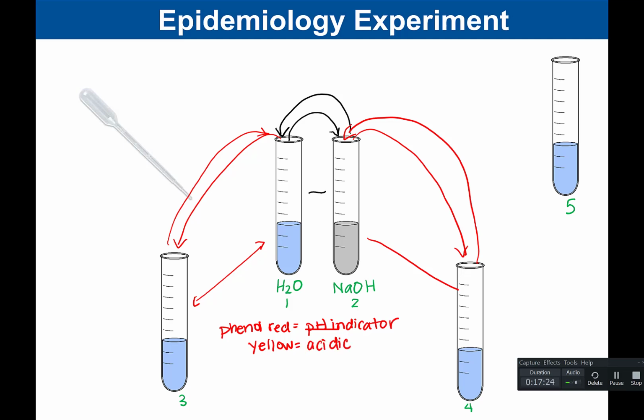And so you'll recall that when we blew into the phenol red, we were introducing carbon dioxide because we exhale carbon dioxide. CO2 was dissolving in the phenol red, and it was forming carbonic acid, which made the pH acidic. And so phenol red turns yellow when acidic. It also turns pink when it's basic.